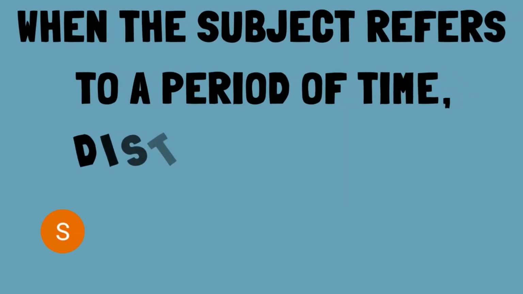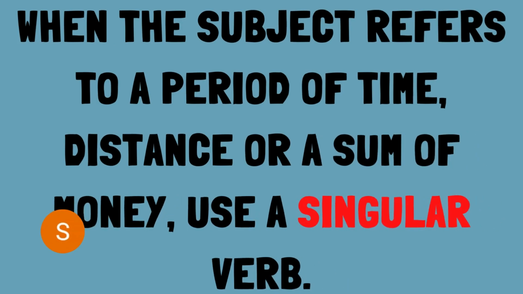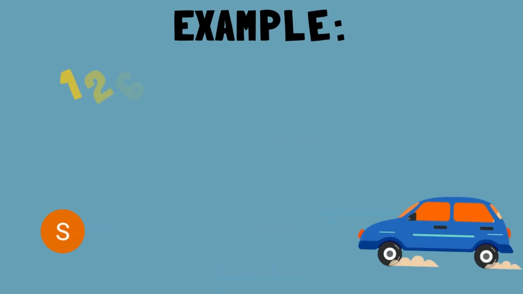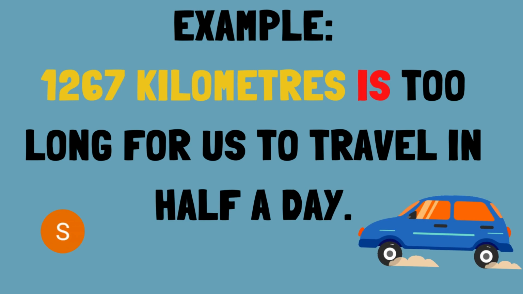As the rule says, when the subject refers to a period of time, a distance, or a sum of money, then we'll be using a singular verb. As in this example, 1267 kilometers is too long for us to travel in a half day. So here we will be using a singular verb.